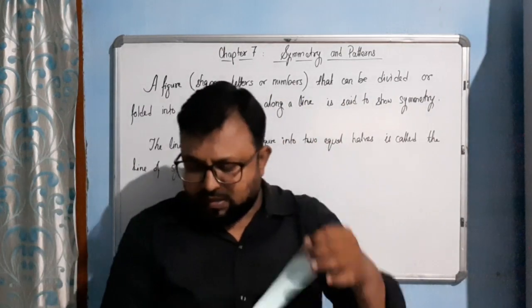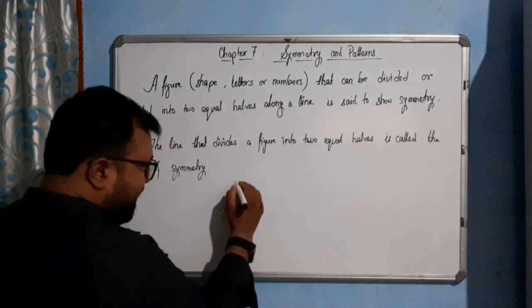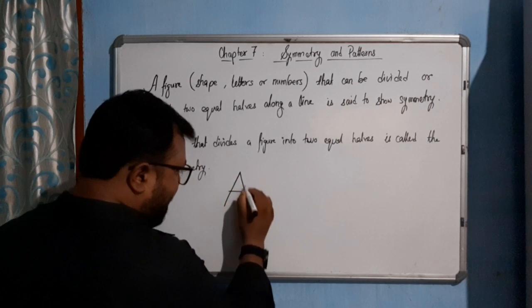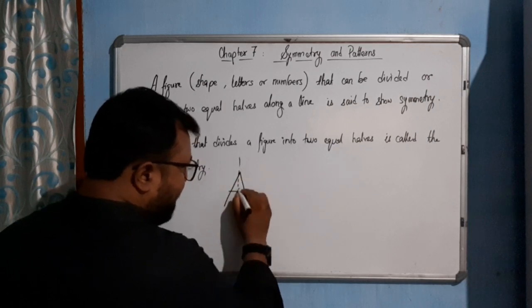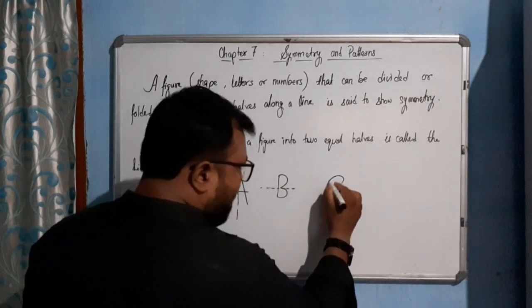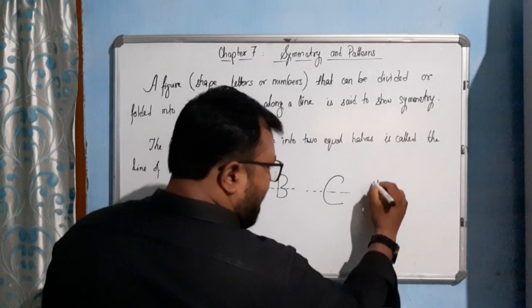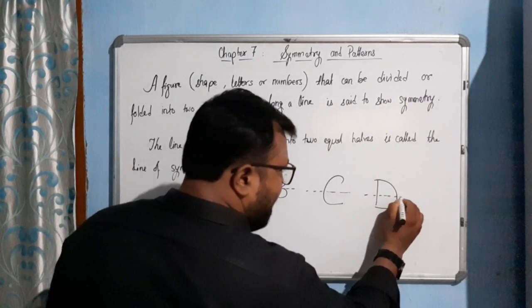So for letters like A, if I draw A, you will get one line of symmetry. Like B, only horizontally you are getting. For C also horizontally you will get. For D also you will get a horizontal line of symmetry.